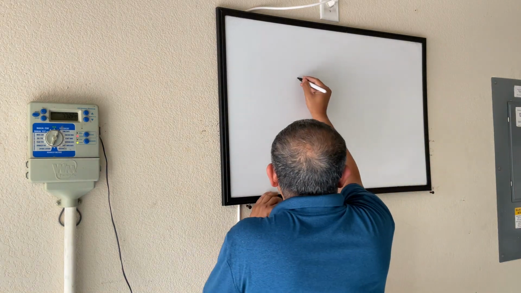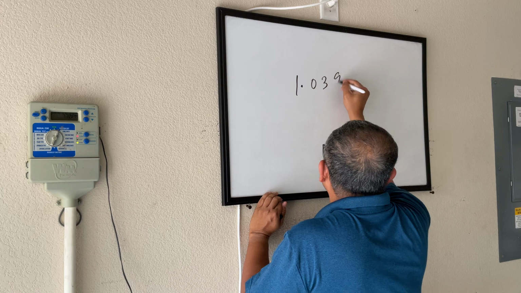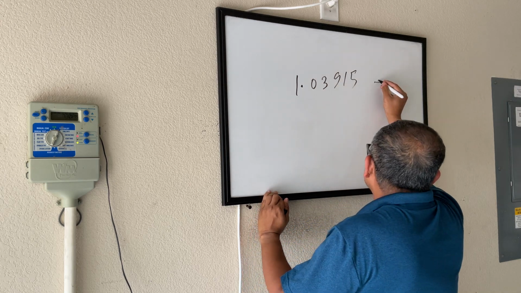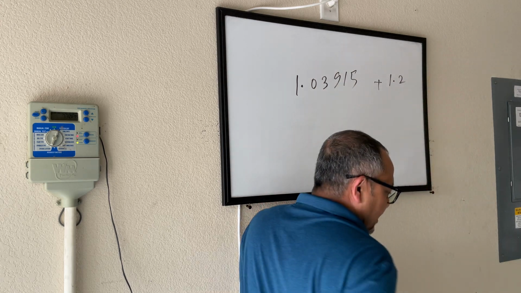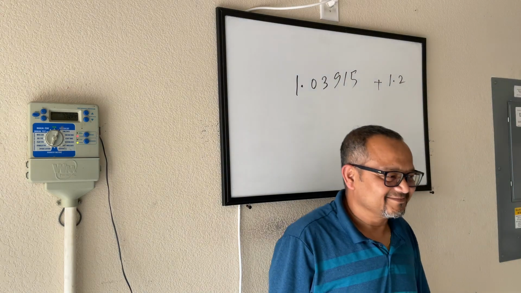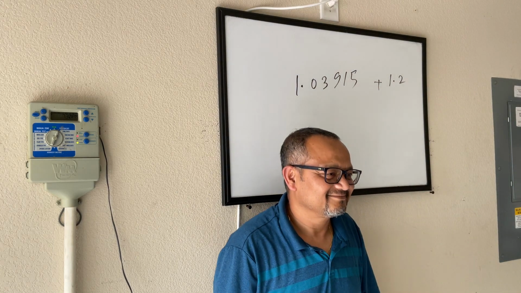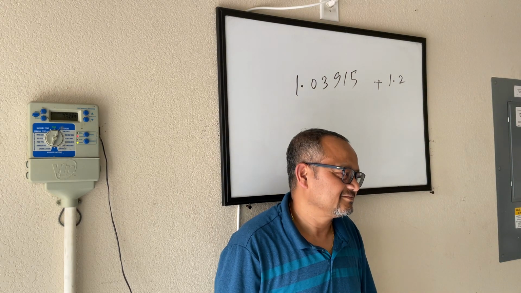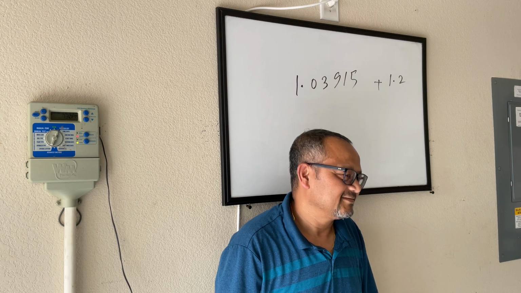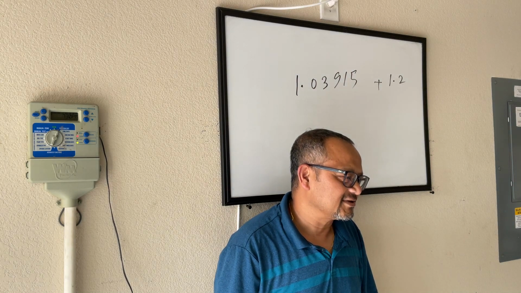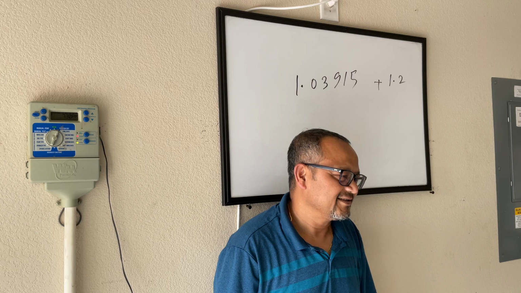If I say add 1.03915 to 1.2, who all can add it real quick for me? Does it look easy or look scary? Little scary?